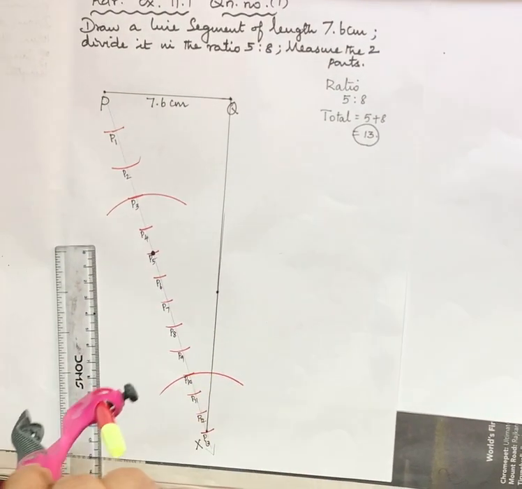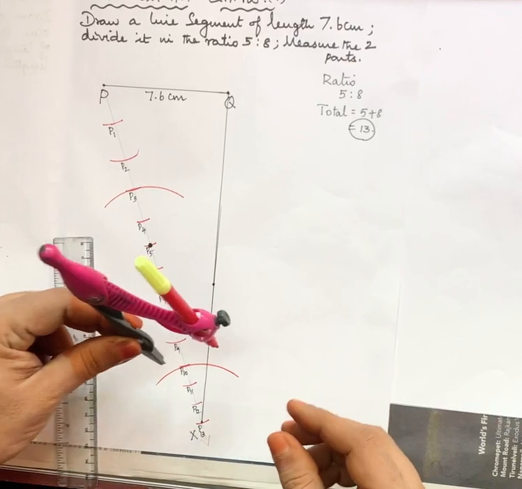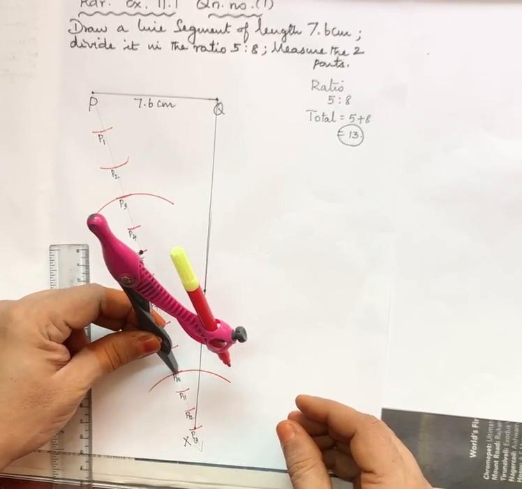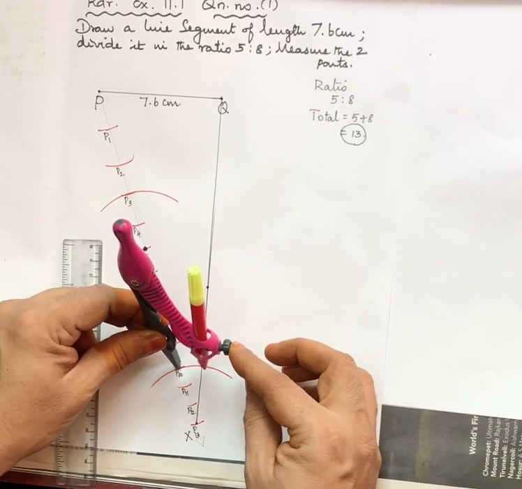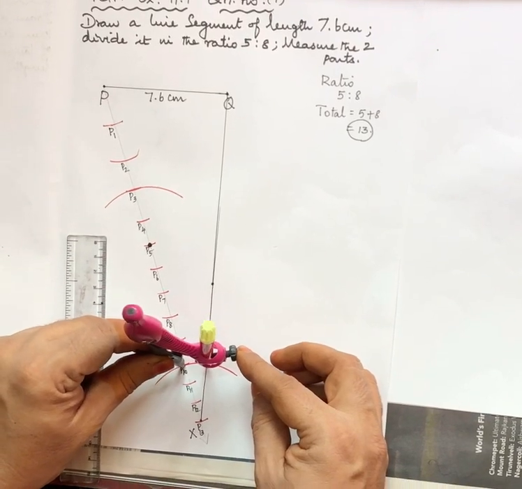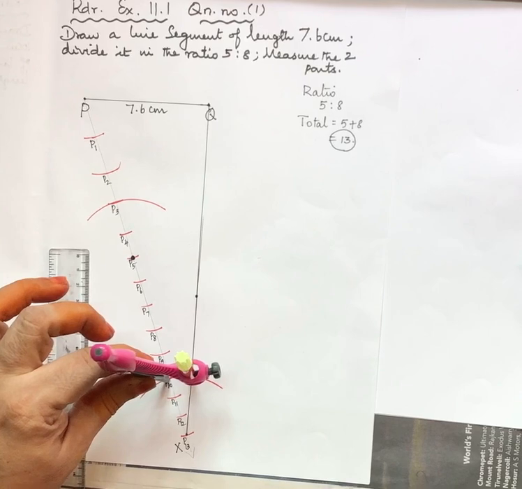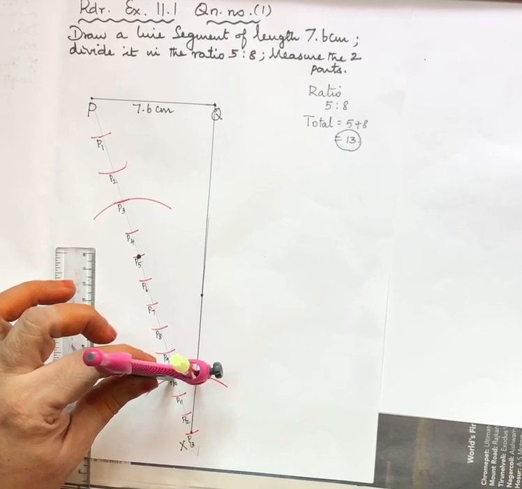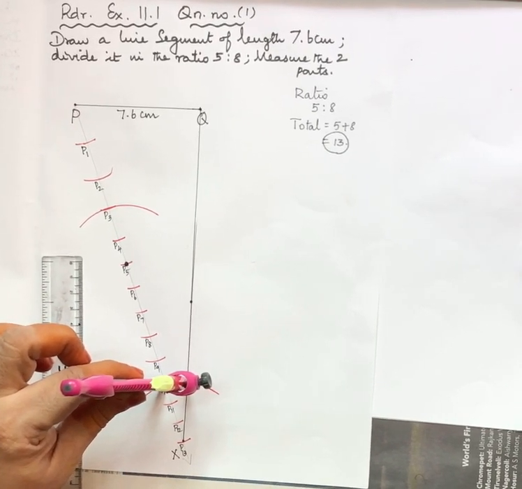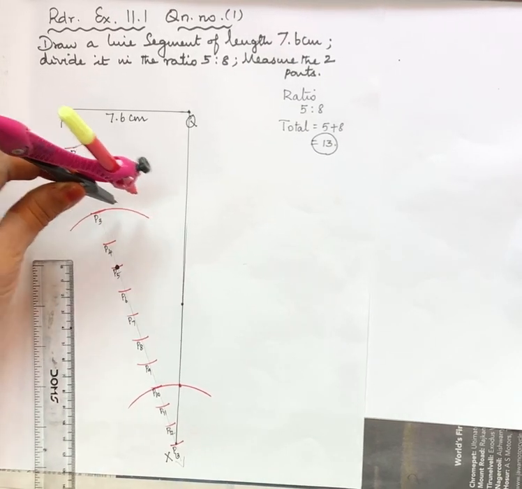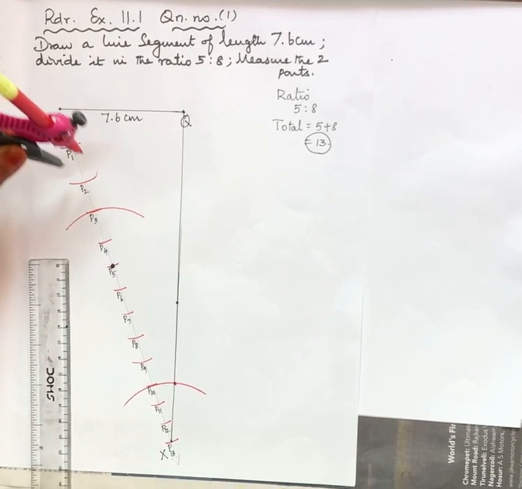Now I am going to measure the angle. How to measure the angle? Now here this is meeting. So adjust your compass to measure the angle. Now this is the measure of the angle. Now the same measure I am going to do at this place, where I made the arc and that line.